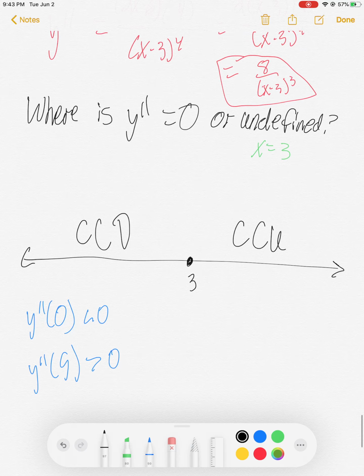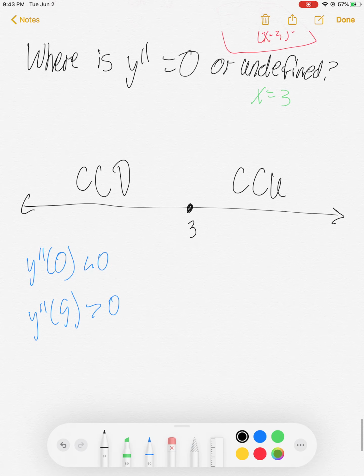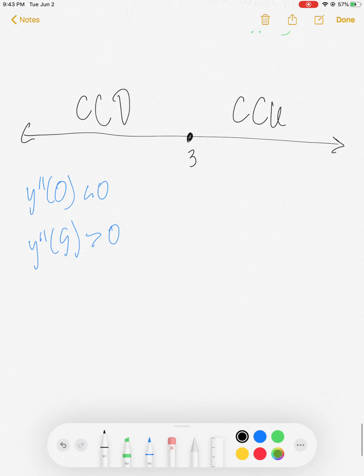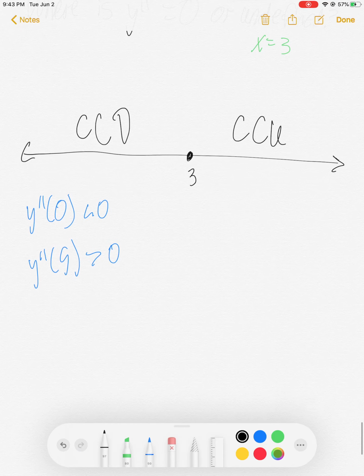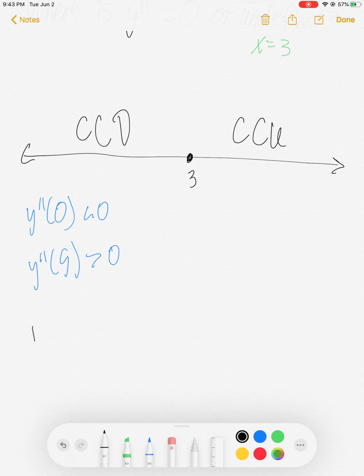Now, if I plug in, say, 5, y double prime of 5, well, then my numerator and denominator are both positive, so greater than 0. So this is concave up here.